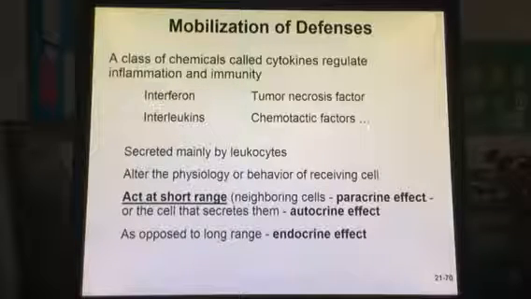Well, these chemicals that are listed here to help regulate inflammation, they are also kind of communicating, but only with their neighboring cell, or with one host cell. They're not long range by any means. So this says they act as a short range to the neighboring cells or the cell that secretes them. But their ability to communicate even with that neighboring cell is very important.